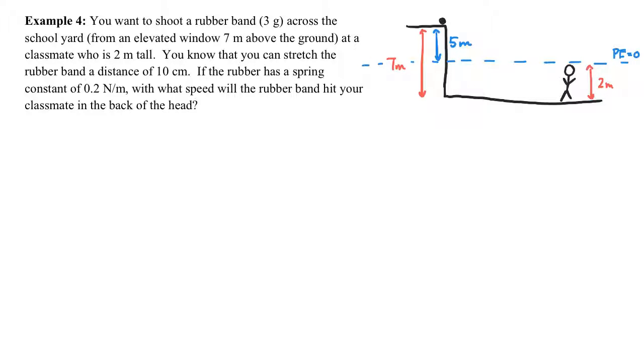Kinetic energy. Here's the rubber band. I'm going to draw it with a dot again on the diagram, hitting your friend in the head. And it's only got kinetic energy at the end of the problem. Whatever path taken, it could be a curved path, it could be a straight line, it doesn't matter. Now, the problem is a little bit tricky though in the beginning.